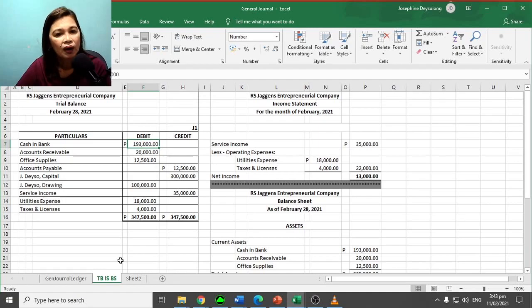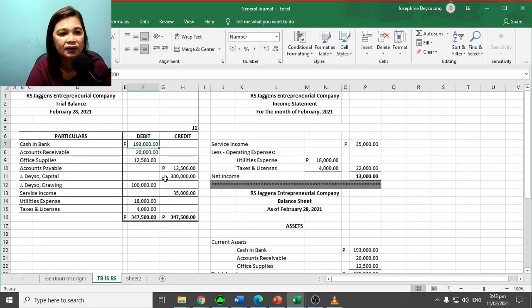So, if you've tried to finish the transactions and post the general ledger of all account titles, then these are the balances that should show up. For accounts receivable, we have 20,000. Office supplies, we have 12,500. And accounts payable here has credit 12,500.